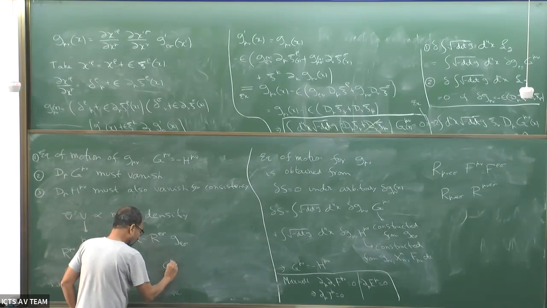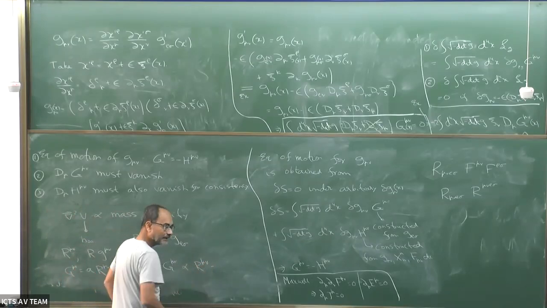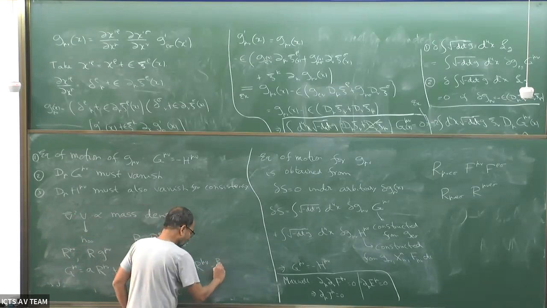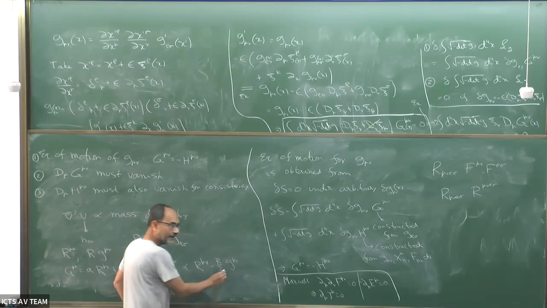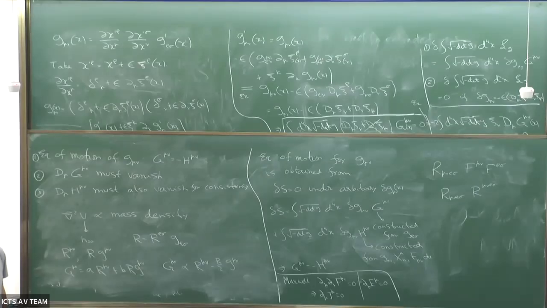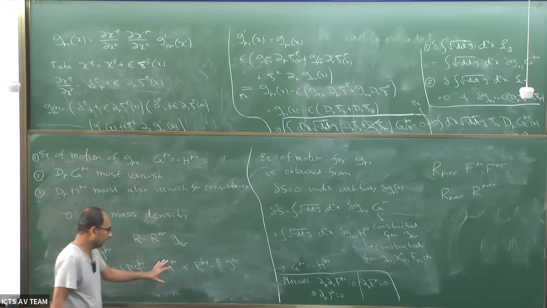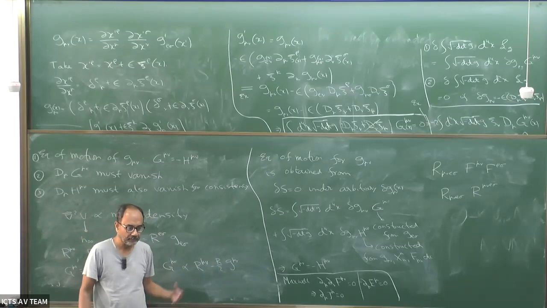So G mu nu must be proportional to R mu nu minus R by 2 g mu nu. Because we saw that using the Bianchi identity, this actually vanished, right? The d mu of this was 0. So as long as you accept that it's only a two derivative action, that the equation of motion contains only two derivatives, then the left hand side is fixed up to an overall constant. Of course, the overall constant you cannot determine by this kind of logic.